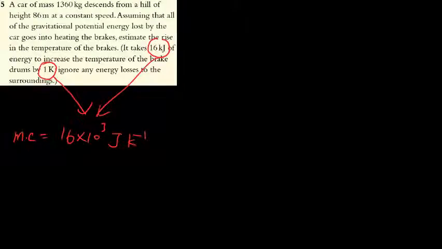First of all, after you read the question, you should know that 16 kJ per 1 K means the heat capacity for the brake drums will be 16 times 10 to the power 3 joule per Kelvin.